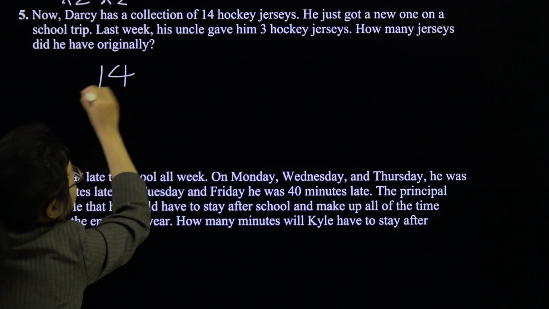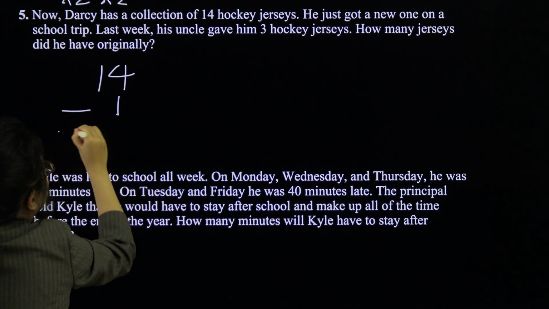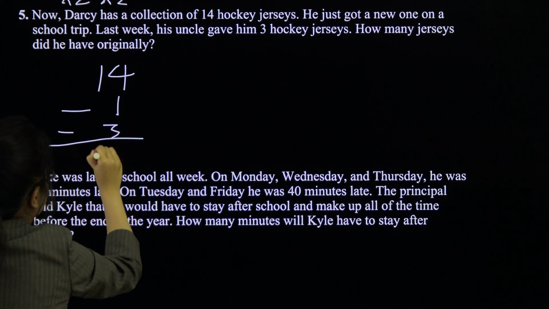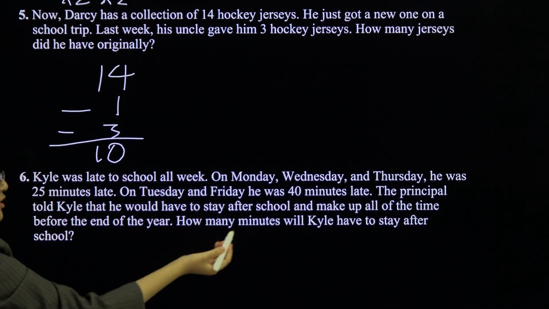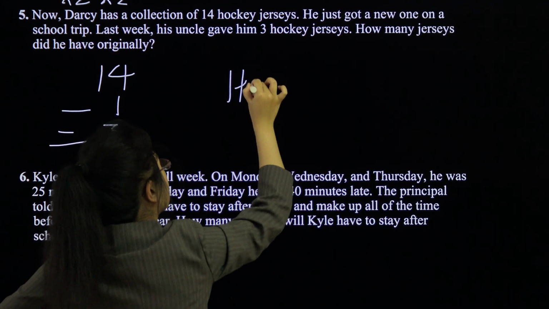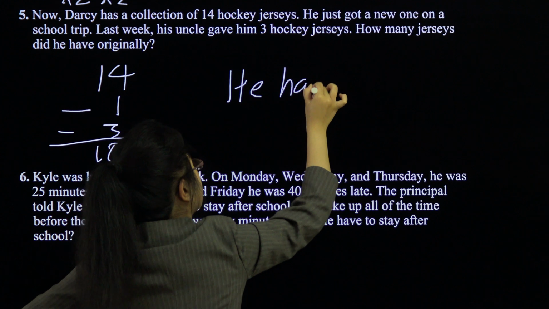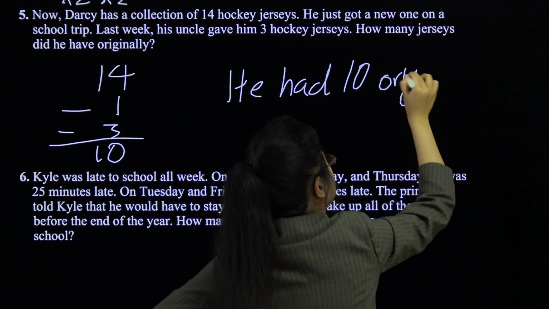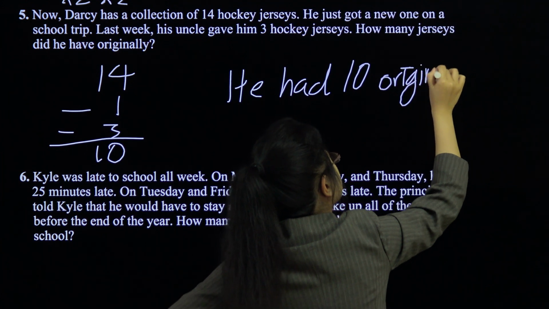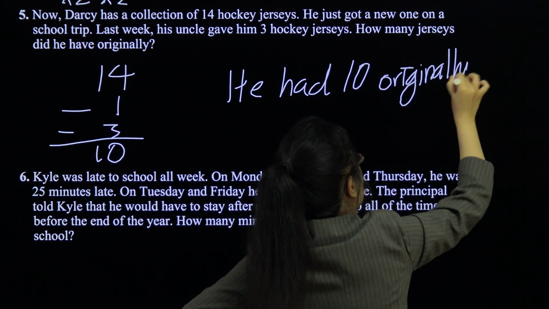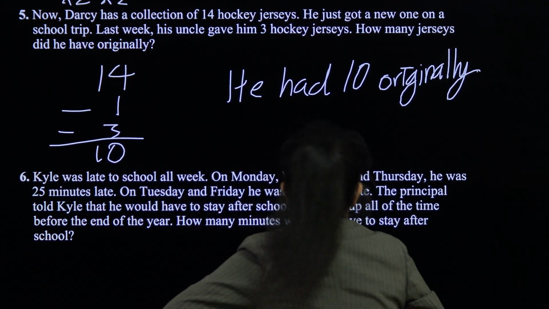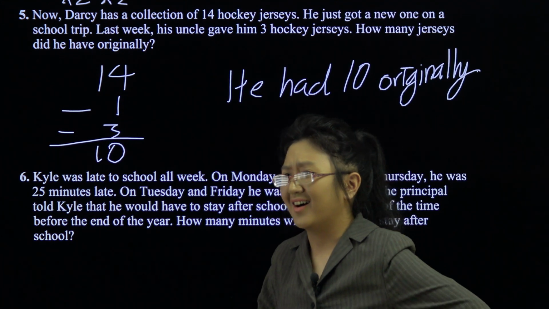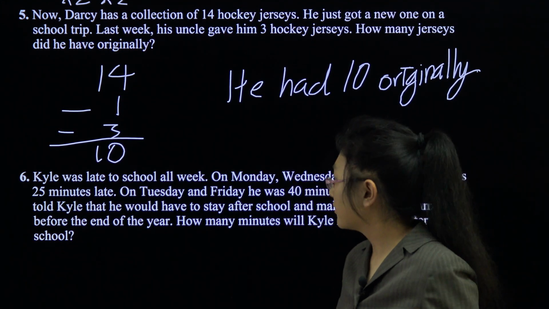So 14 minus 1 minus 3 is equal to 10. So he had 10 before these 2 events. He had 10 originally. Guy must be a collector. Actually, no. Maybe not. I know people with a lot of hockey jerseys. Ha ha ha ha ha, awkward laugh.